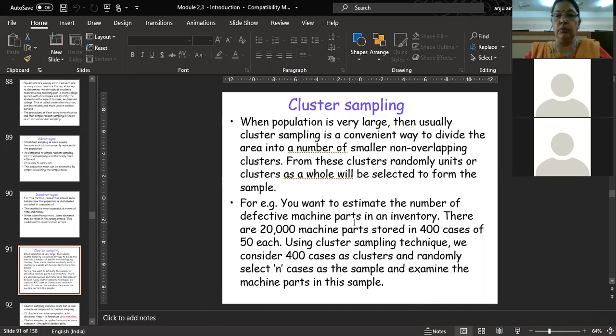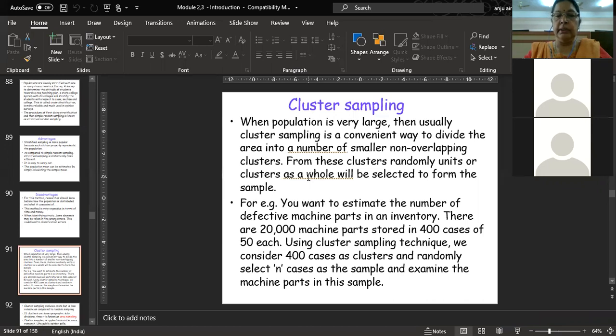So suppose you want to find out the number of defective machine parts. Suppose there is an inventory, like 400 cases of products, and in each case 50 products are there, and you want to find out the defective parts in those 400 cases.